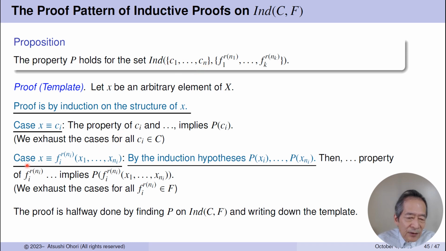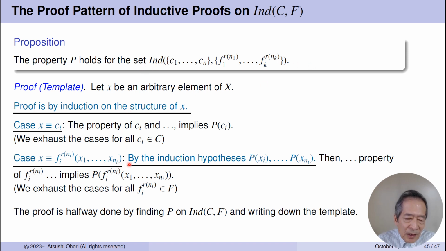And then the next group of cases are for this constructor applied to a tuple. Case x equals Fi applied to this tuple consisting of Ni elements of the inductive closure.